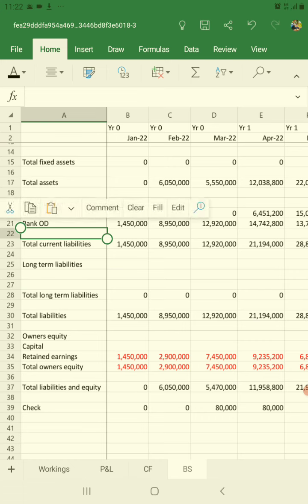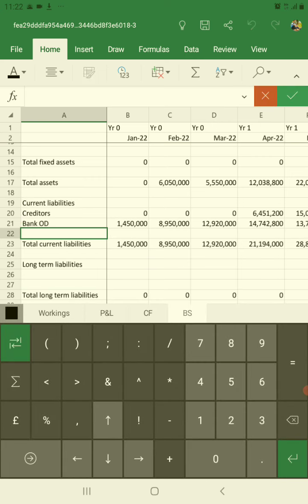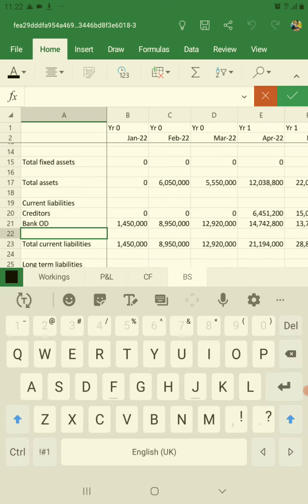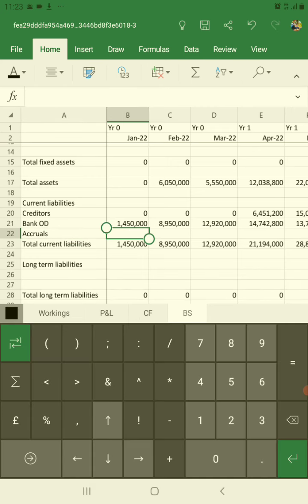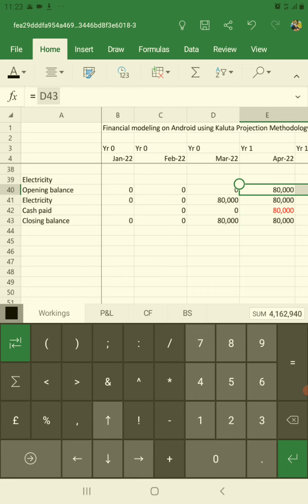So I edit this and then go to this typing pad, accruals. Okay, so for the moment we have accrual for electricity.